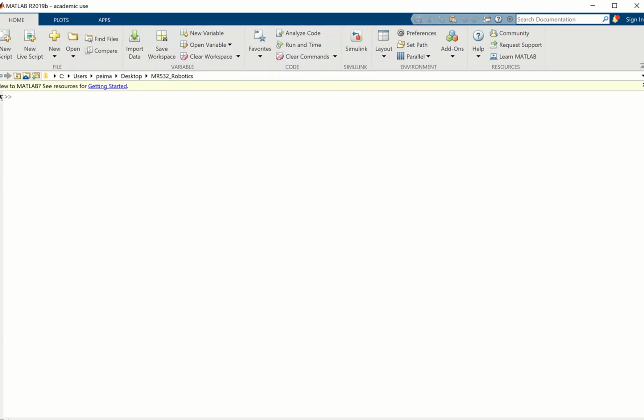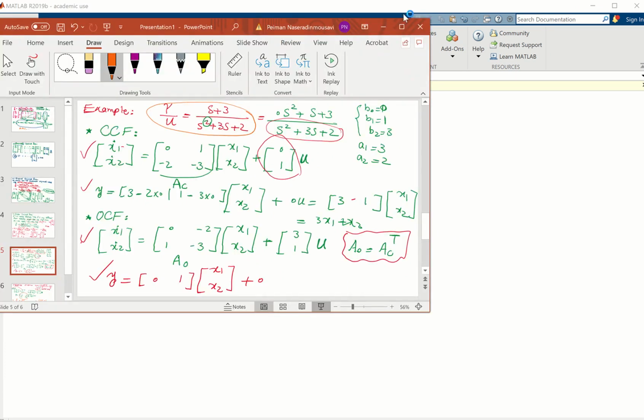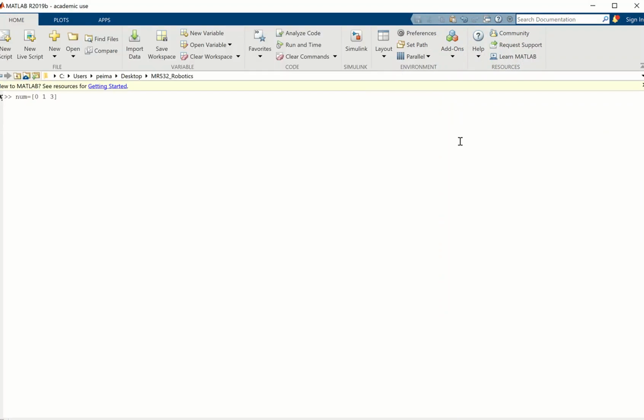If I say in MATLAB num of the transfer function, num is 0, 1, 3. That's right, because your numerator is first order. See here, 1, 1, 3. So 0, 1, 3, and the denominator is 1, 3, 2. That's right.